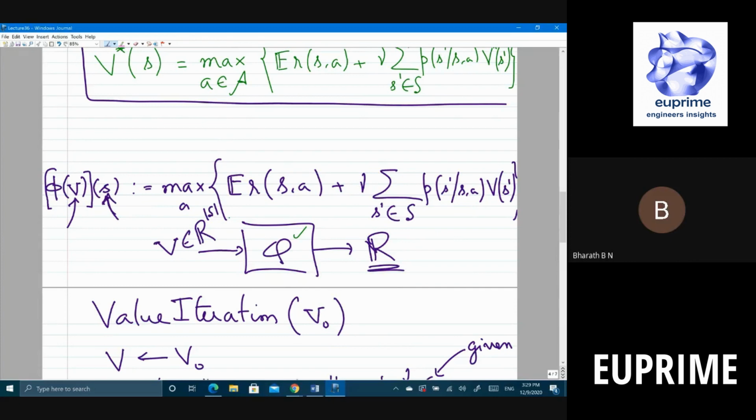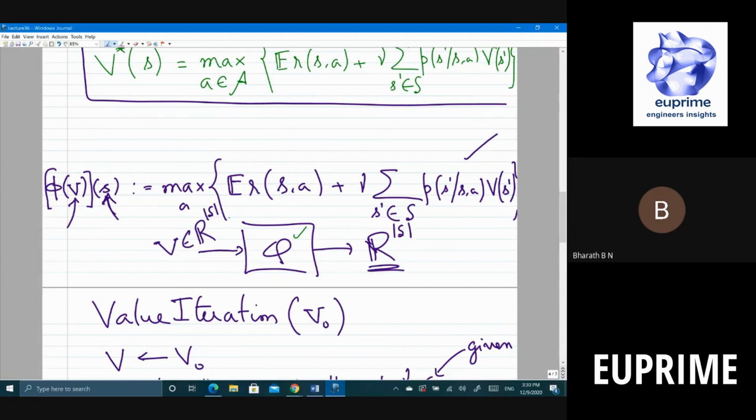Strictly speaking, it should be R power S, even here. For each s, phi of v of s is a number. If you take different s, you will get different numbers. So phi of v gives a vector of size cardinality of S. You can think of this definition of phi as element-wise.